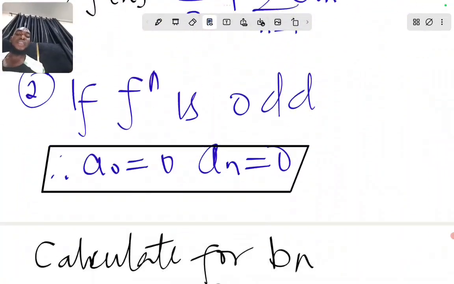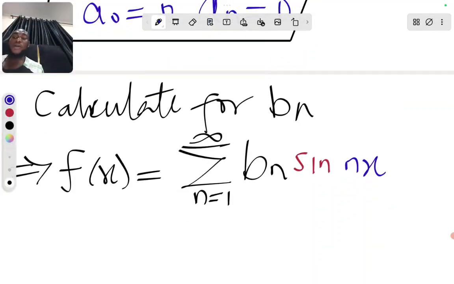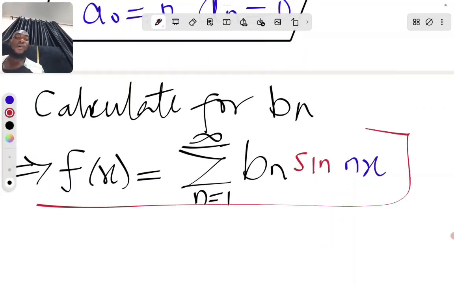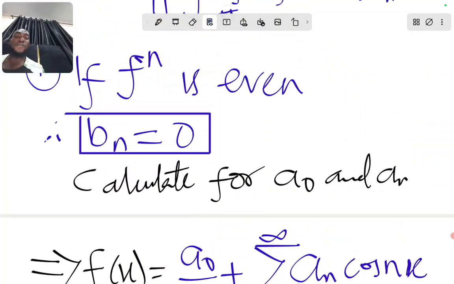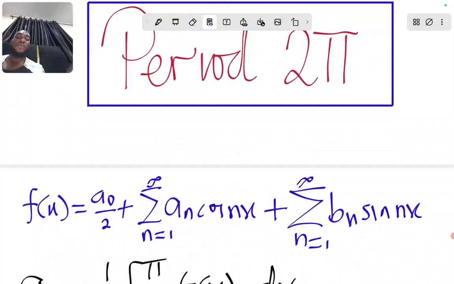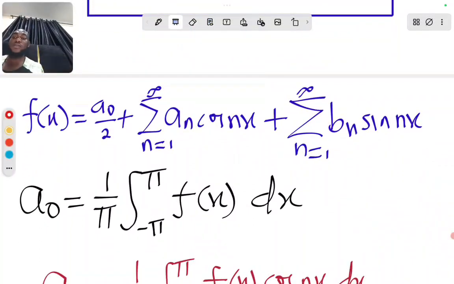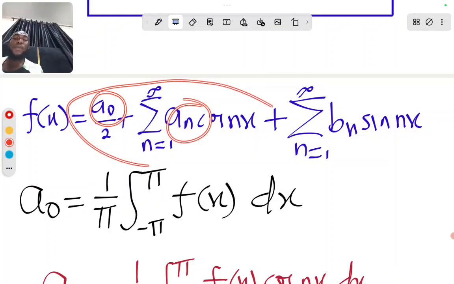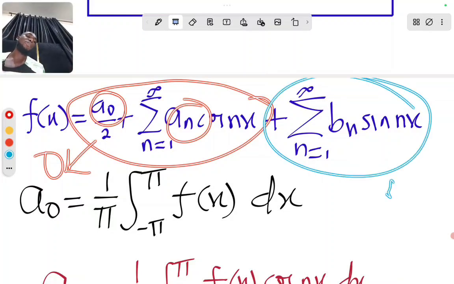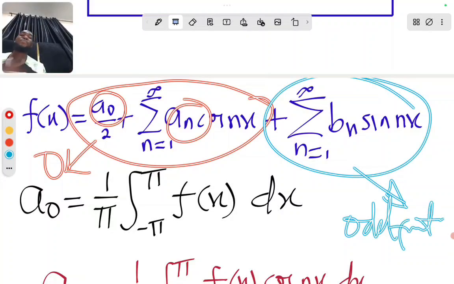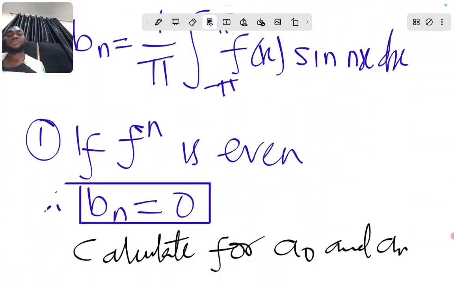Because the value of this part of the given Fourier series is 0, the entire part turns to 0. What do you have left? You really have this part left, which is the Fourier series for odd functions. So let's continue now.